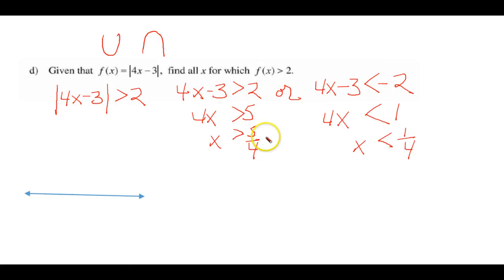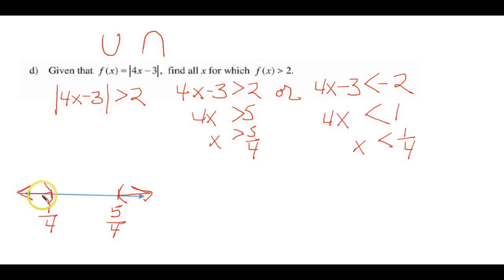So on our number line, we have two values, the 1/4 right there, and the 5/4, which is right there. Now we know this is a disjunction, and our symbol will be a parenthesis going this way and a parenthesis going that way.